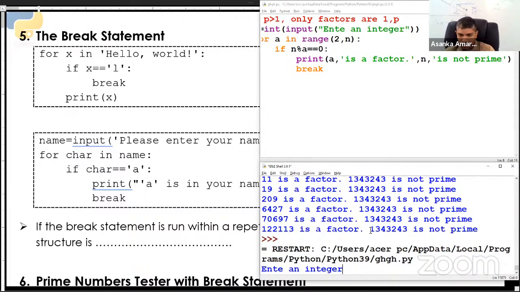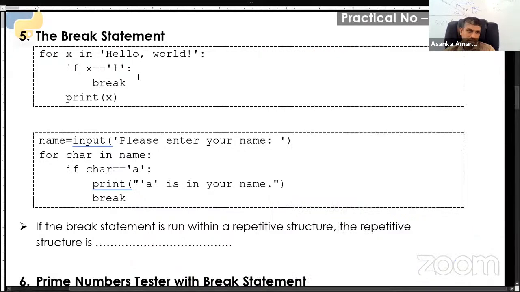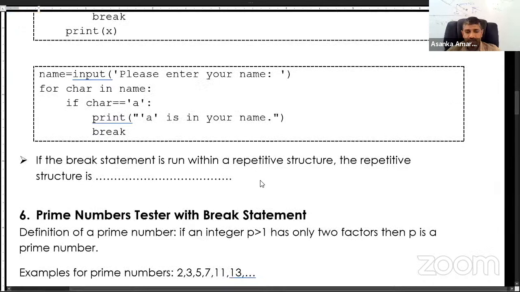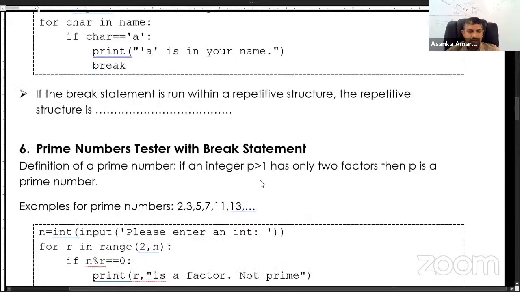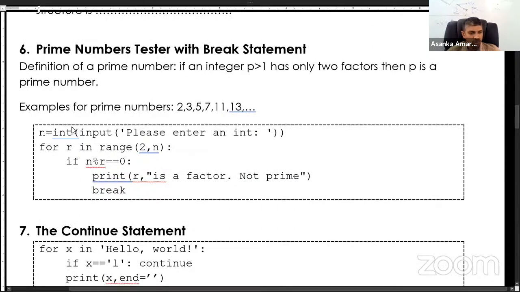Try entering the previous number and see what happens. 11 is a factor, it's not prime. This break statement is widely used in prime number calculations. Here exercise 6 is the program: 2 to n, if n percentage r is not a factor, then break. You can try exercise number 6.